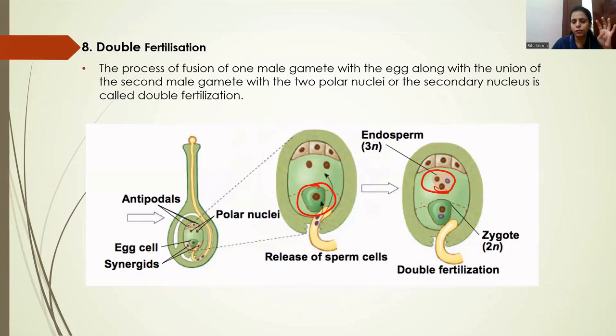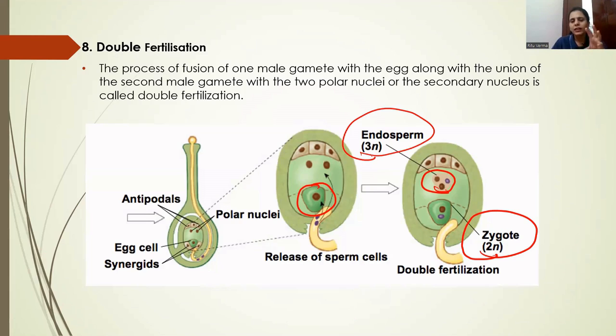The first process, fertilization or syngamy, results in the formation of the single-celled diploid zygote. The second male gamete travels to the center, fuses with the two polar nuclei, and results in the formation of the triploid endosperm, or primary endosperm nucleus.